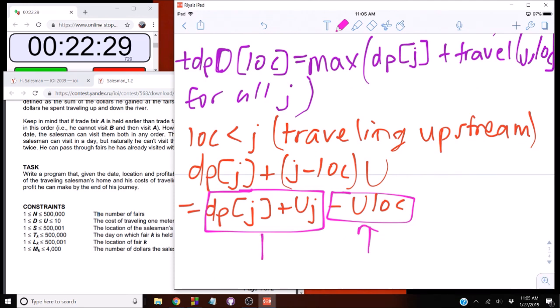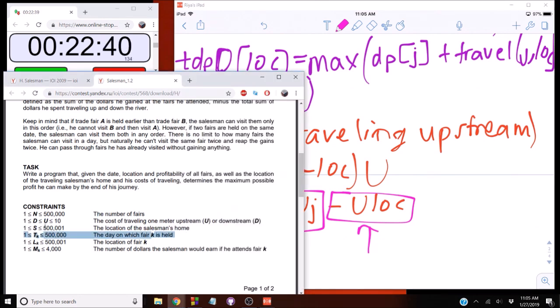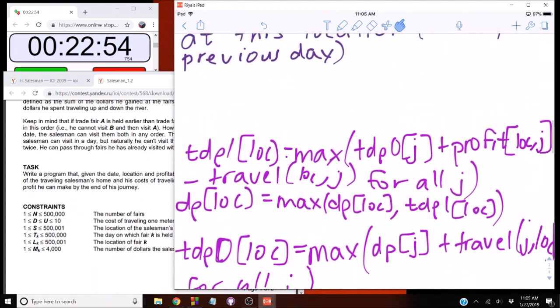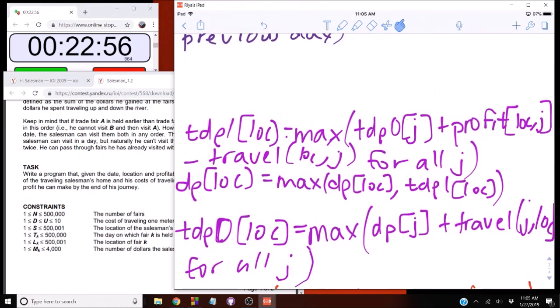This means we're simply trying to query the max value of this for all j greater than lock. So we can put these in a segment tree, size of the segment tree being 500,000, or 500,001 I suppose, so it can't be at 0. And I think we could do the same thing for this other TDP1.